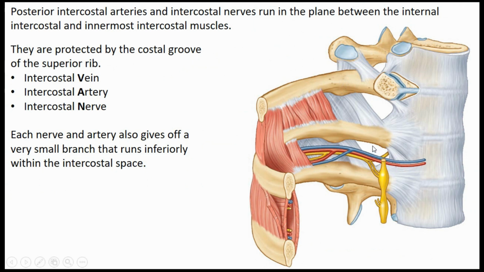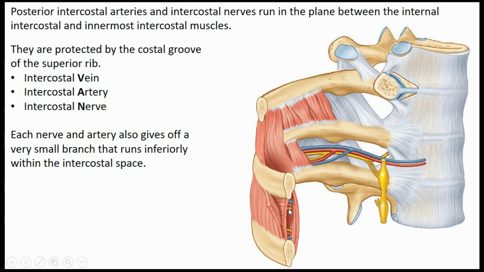Now when we look at the vessels and the intercostal nerves in space, I'm not wild about this picture either, but it'll suit our needs. They tend to go from superior to inferior: VAN, intercostal vein, intercostal artery, intercostal nerve. Now, if I could go back, I'd actually move these much higher up underneath that costal groove.